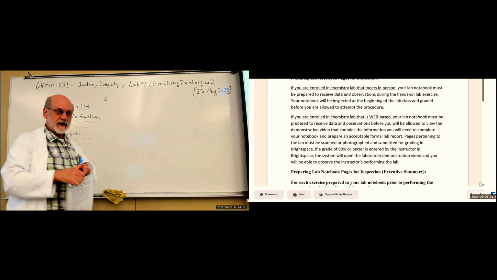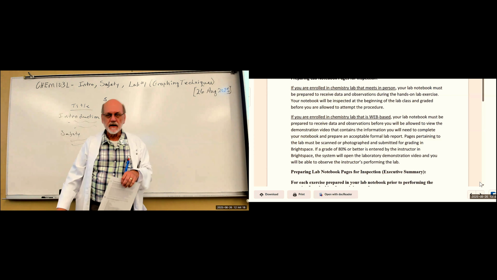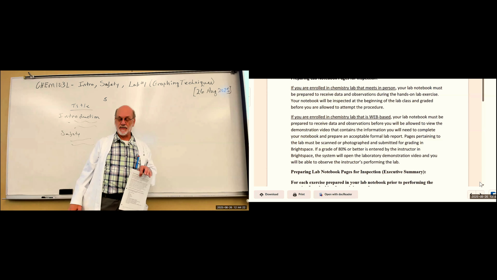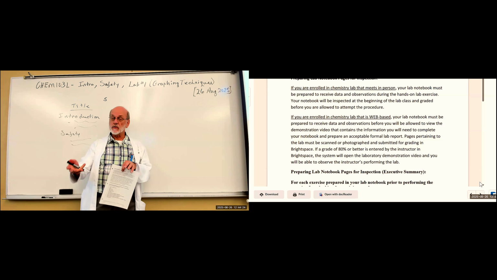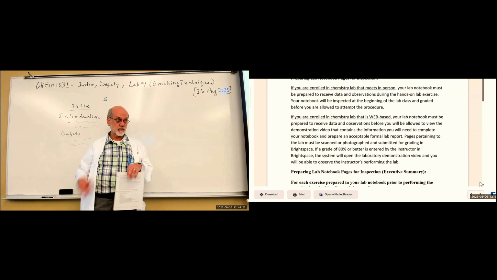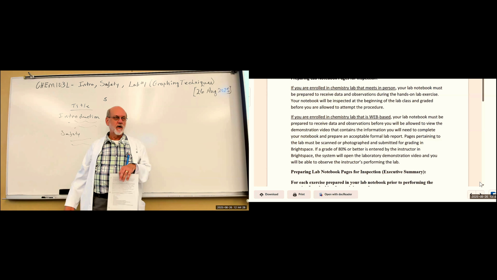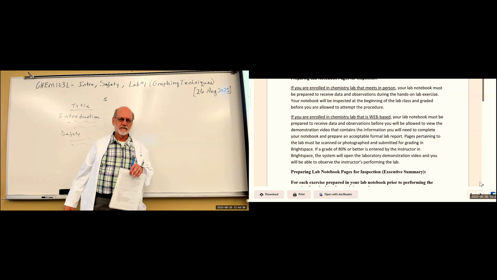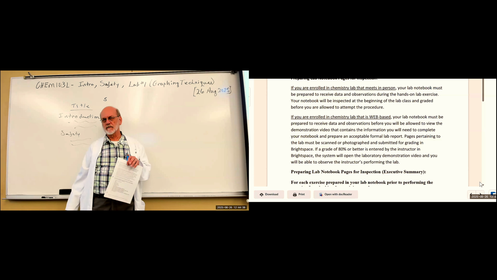The whole point of having a lab notebook is a permanent record of what you're doing and what you've done in the lab, so that either you can go back 6 months later and repeat the experiment, or if you're at a company and you're keeping a lab notebook as required by all competent research institutions or service institutions.